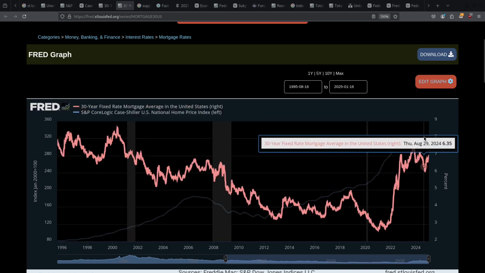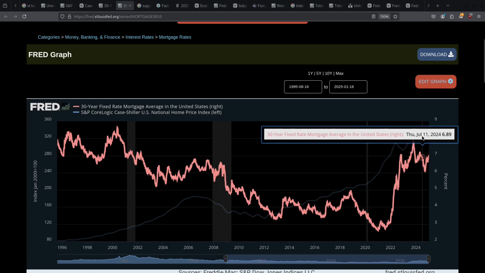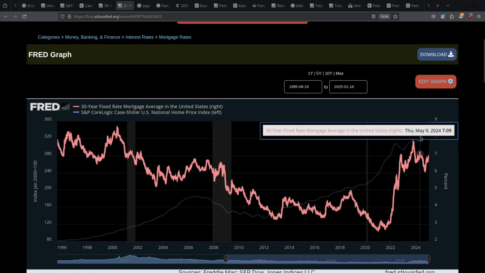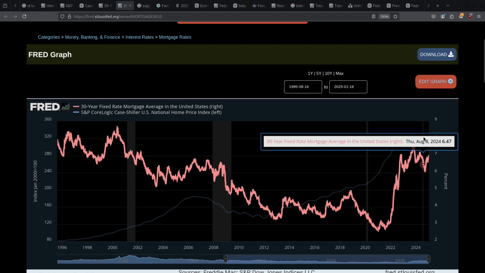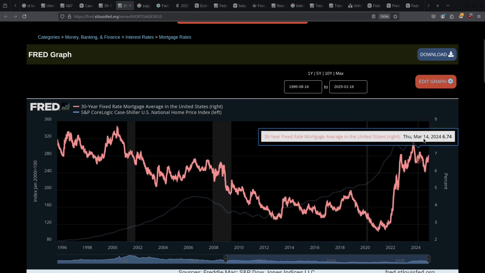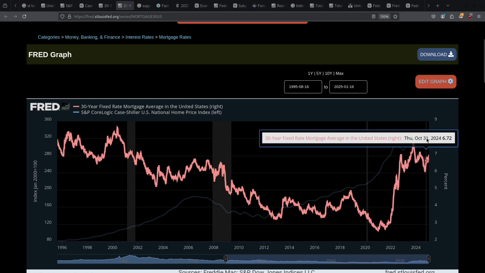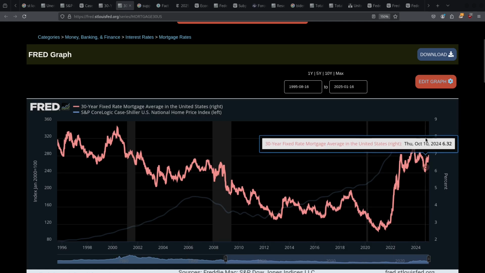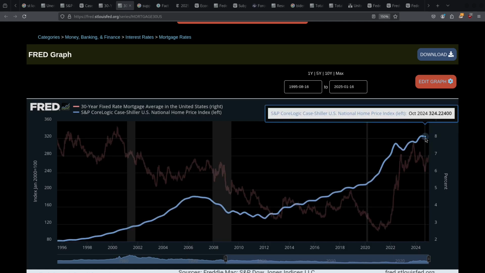And now we're looking at, okay, it's not perfect, but it does show information pretty nicely.